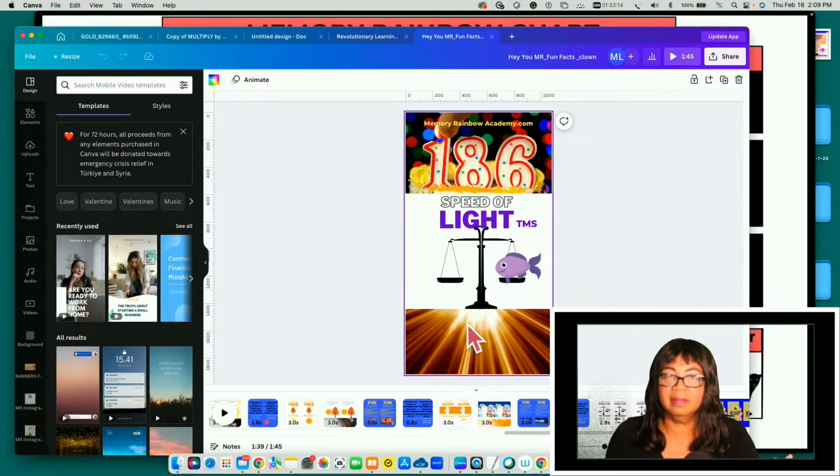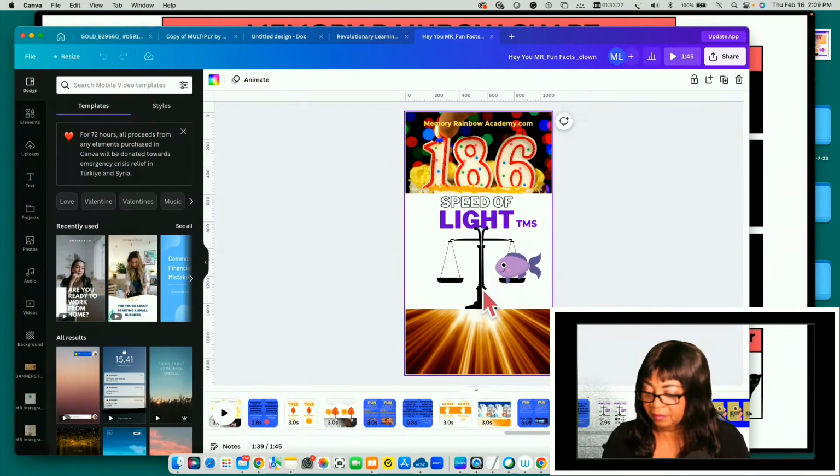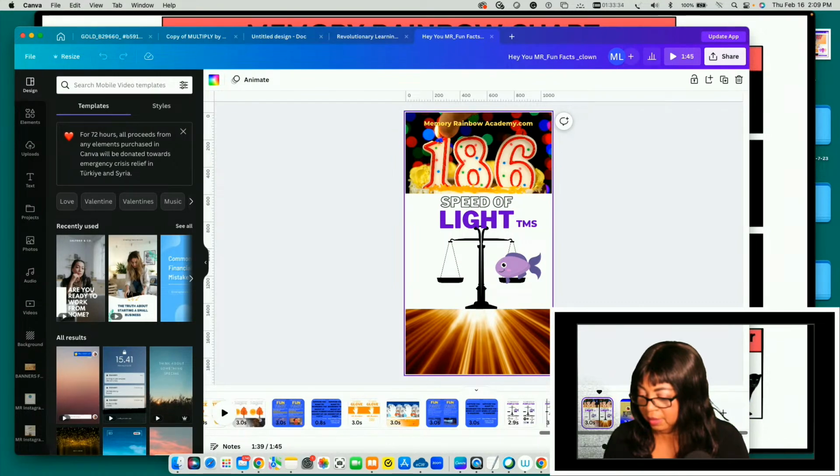You don't want to do anything gory, but you can see the flashing of the light around the fish, banging and creating sparks on the scale of justice, right? So that's how I remember the speed of light. It will stick in your mind.